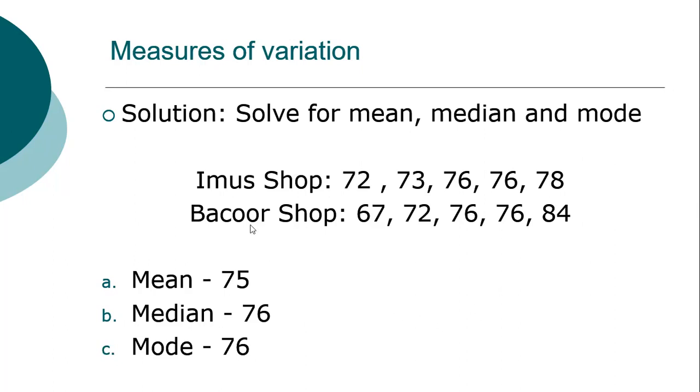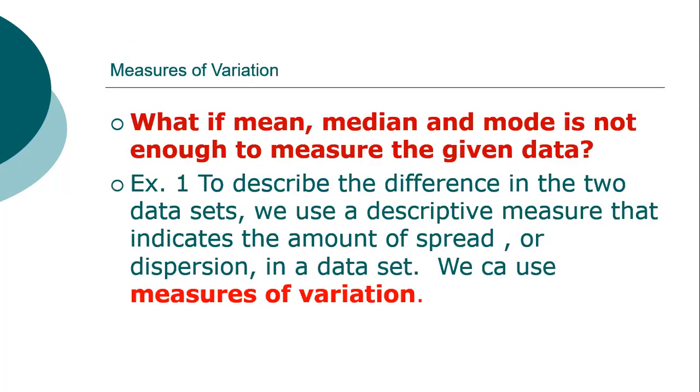So, if you try to compare the two, walang pagkakaiba. Although, kung mapapansin ninyo, iba-iba yung values. If you use measure of central tendency, ang magiging conclusion mo, there is no apparent difference between the two. Parang walang pagkakaiba. Diyan natin pwedeng gamitin si measure of variation or measures of variability.